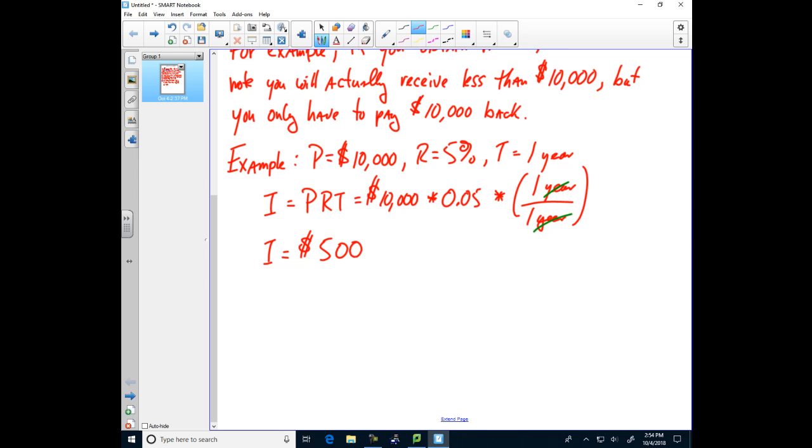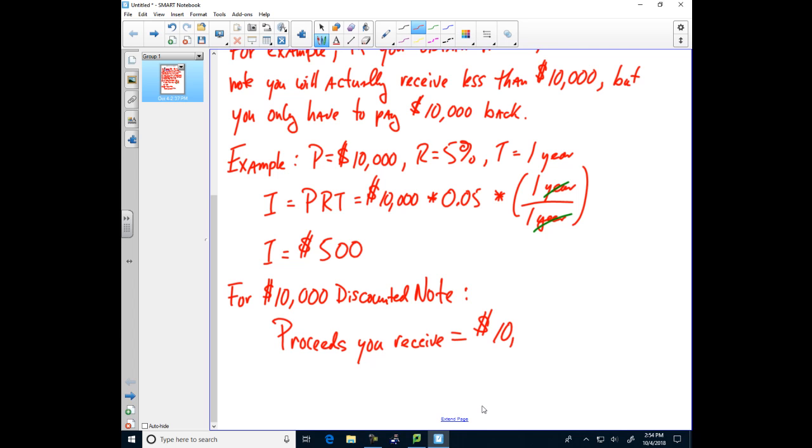Now, here's the deal. For our $10,000 discounted note, here's what's going to happen. The proceeds you actually receive is going to be 10,000 minus the 500.